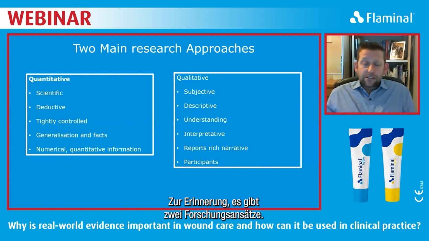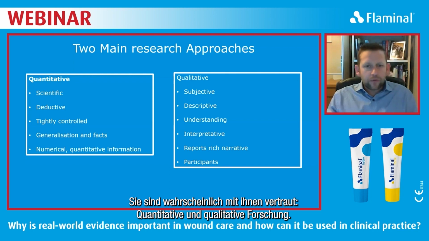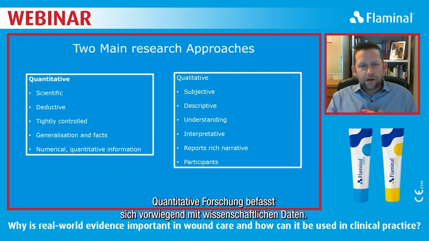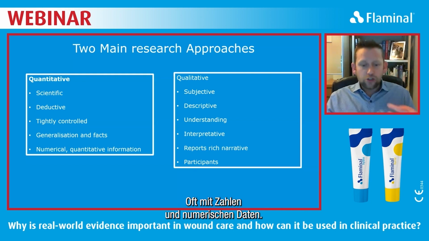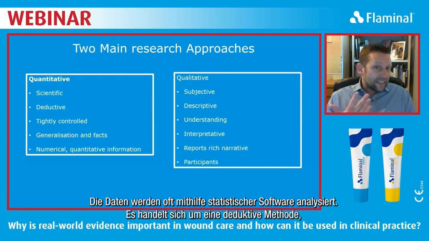So just as a reminder, we do have 2 main research approaches. You'll be probably familiar with these, and that's quantitative and qualitative. Quantitative, where we're looking much more at scientific data, often concerned with numbers, numerical data. It's often analysed through computer statistics packages.